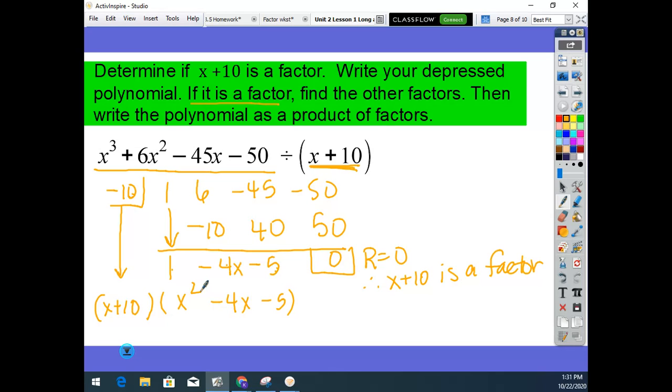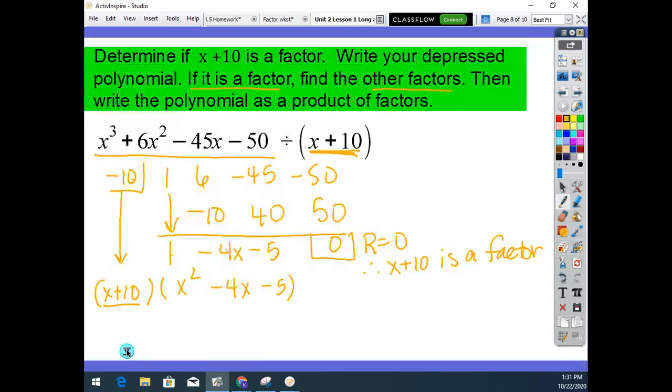So it said, find the other factors. This is one factor. How can I find the factors of what's left over? Break apart your x squared, x and x. What comes next? Factors of 5 that subtract to get 4. 5 and 1, minus 5 plus 1.